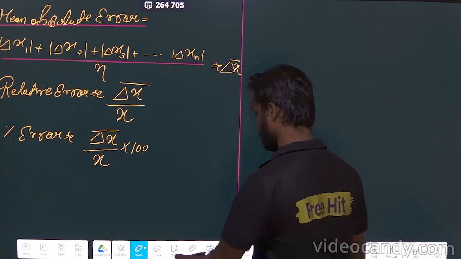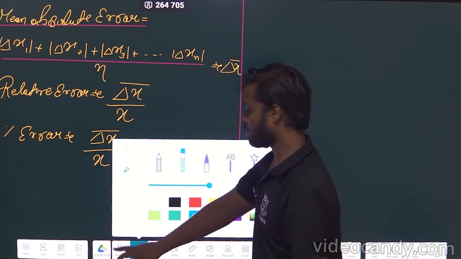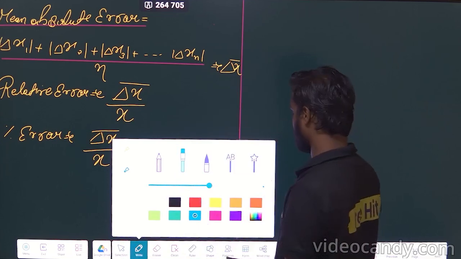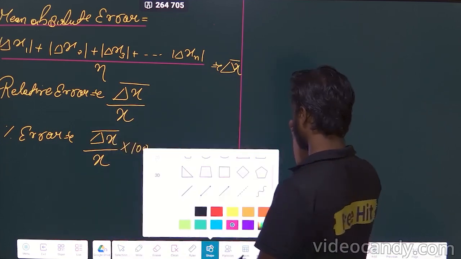So you have to remember all these formulas. Actually, nothing is to be memorized, just make yourself clear about the steps we are doing.